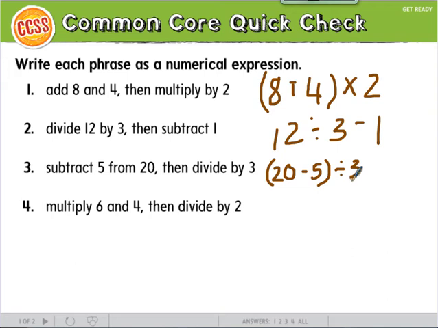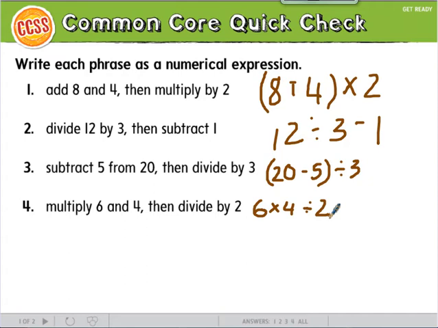Last one, it says multiply 6 and 4, then divide by 2. 6 multiplied by 4 divided by 2. Do I need to put parentheses around anything? You don't. According to order of operation, I'm going to do multiplication and division in order.